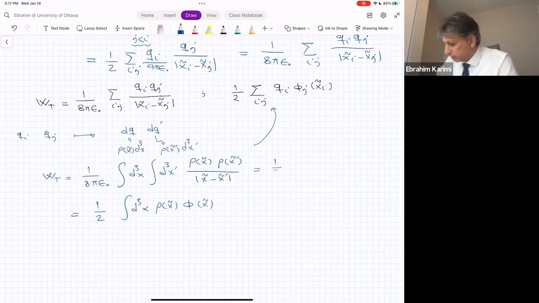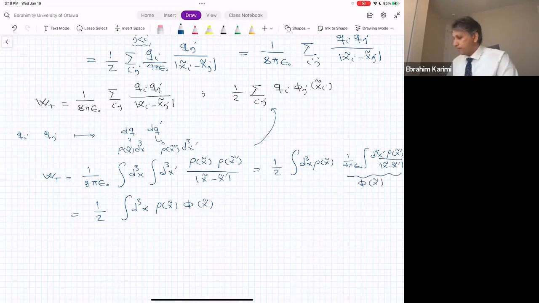So let me do that: 1 divided by 2 integral of d3x, rho of x is here. Then I bring 1 divided by 4 pi epsilon naught into the integral, so I get 1 divided by 4 pi epsilon naught integral of d3x prime of rho of x prime divided by x minus x prime, which is the potential at position x. Good.